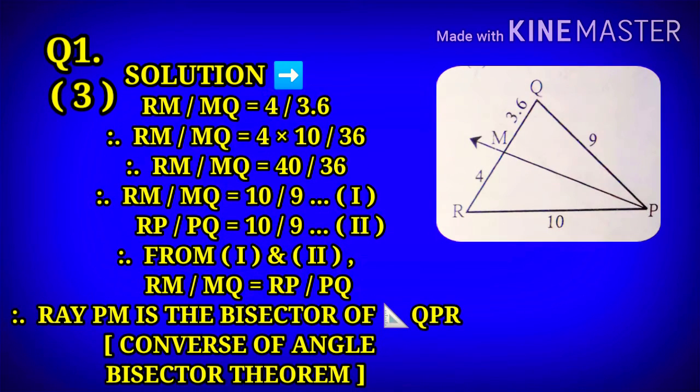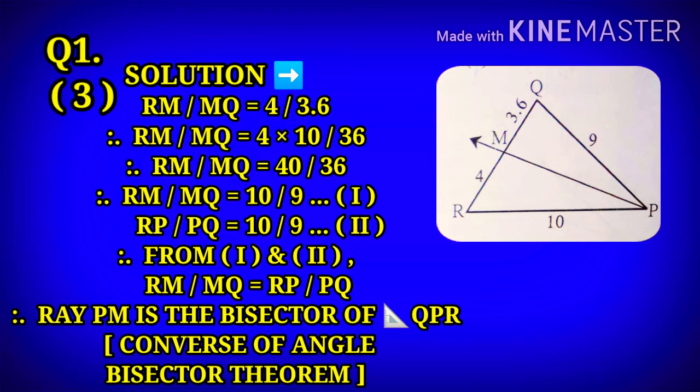It tells us that RM upon MQ is equal to 4 upon 3.6. Therefore, RM upon MQ is equal to 4 into 10 upon 36. Here, 10 is multiplied by 4 and divided by 36 to remove the point from the number 36.